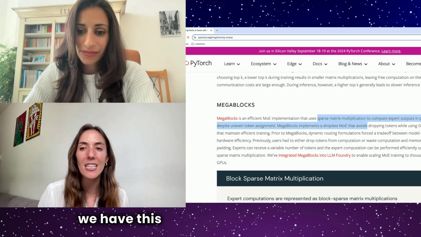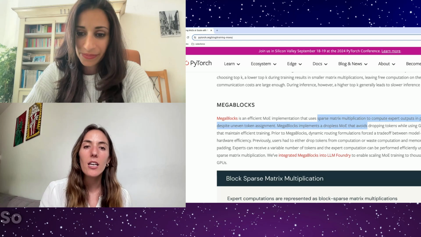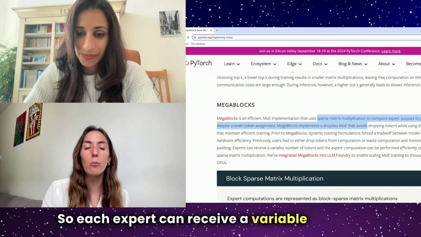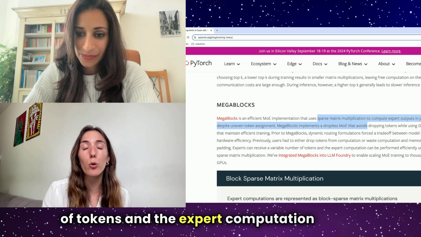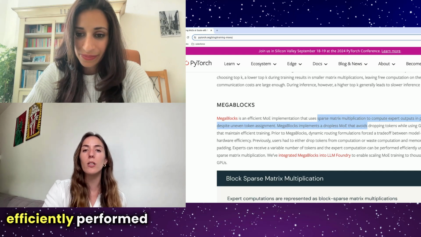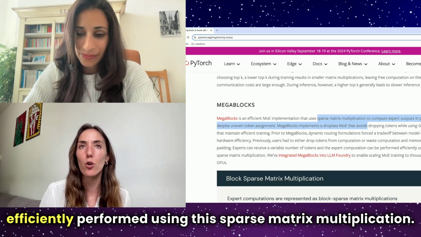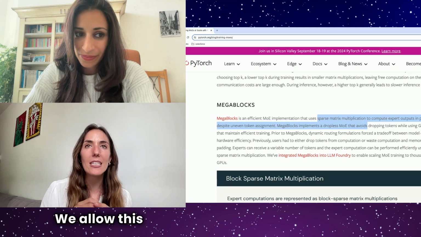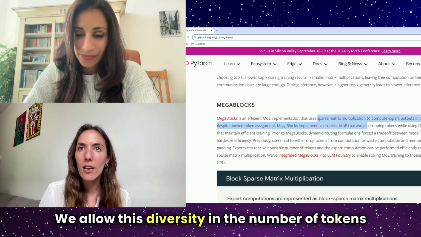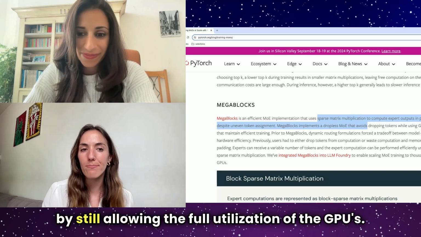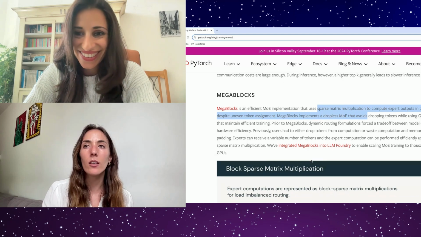So an expert can receive a variable number of tokens, and the expert computation can be efficiently performed using sparse matrix multiplication. We allow this diversity in the number of tokens while still allowing the full utilization of the GPUs. Makes sense.